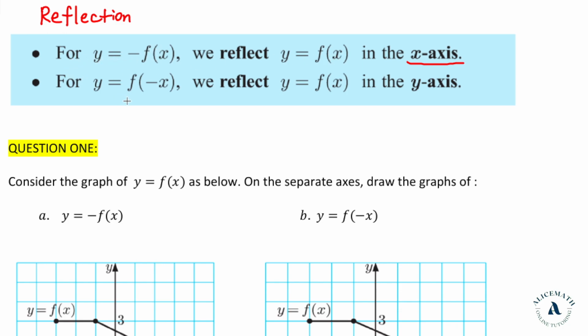If we reflect y equals f(x) in the y-axis, we will find the new equation of this graph is y equals f(negative x). So now you see y is the same, but we change the sign of x. Okay, so let's look at the following question.